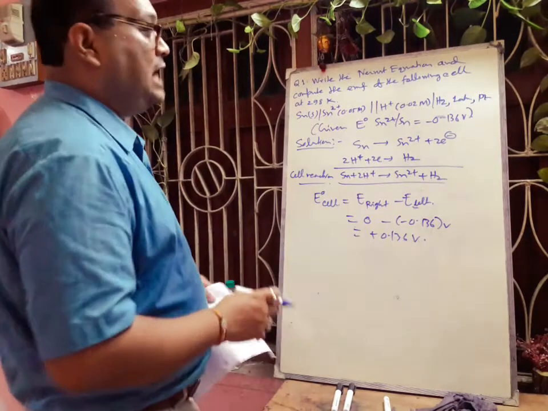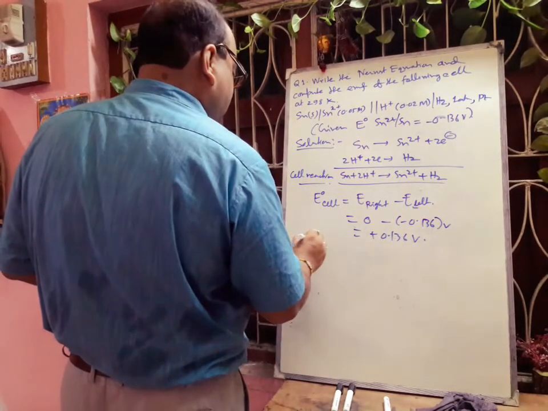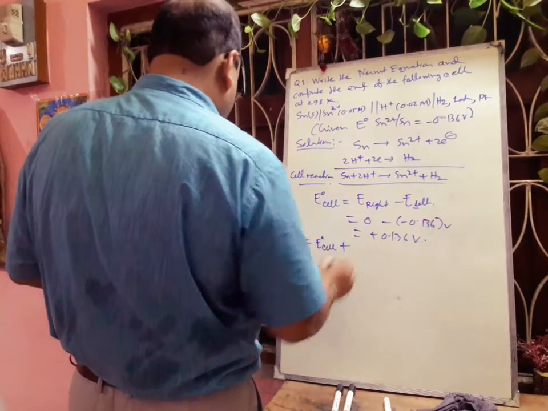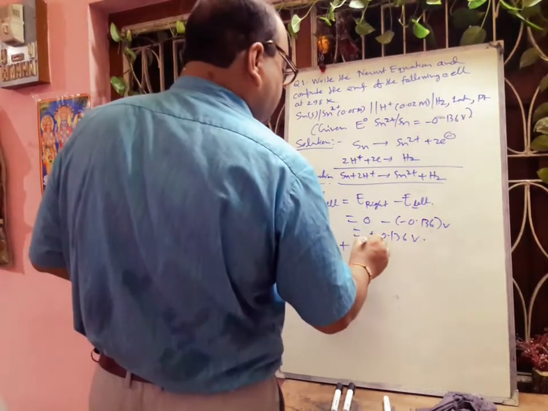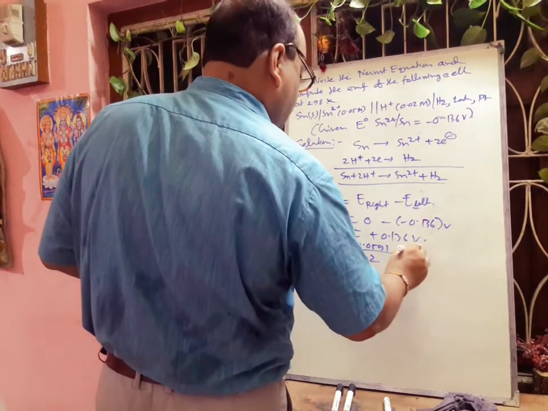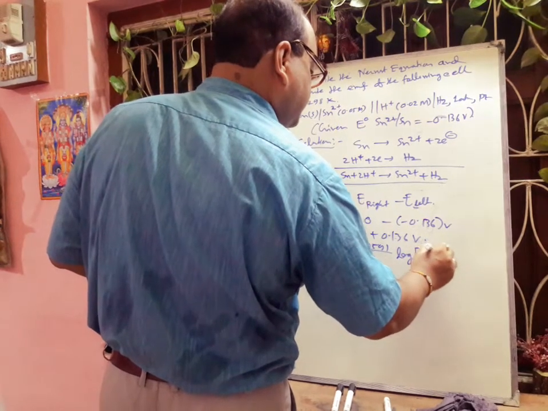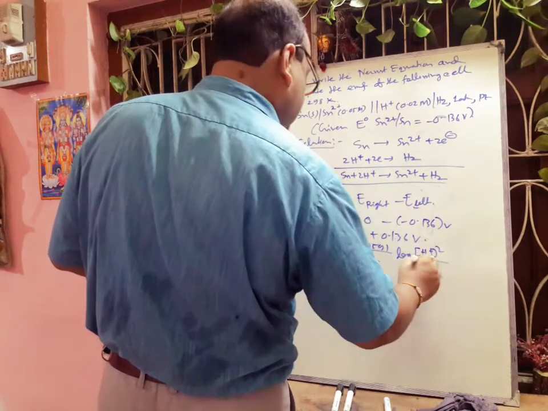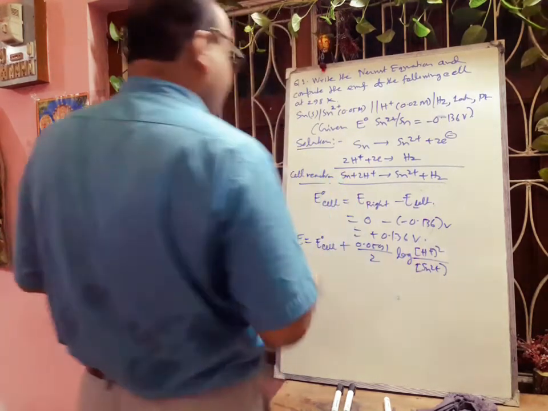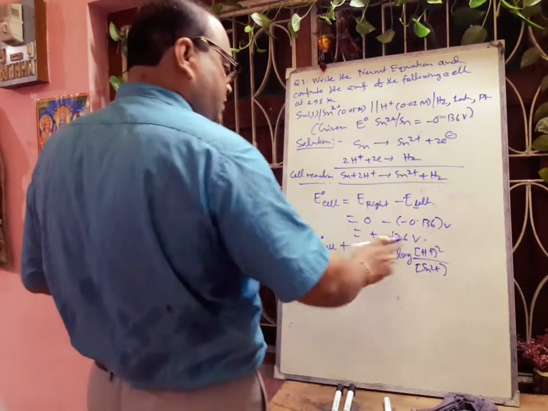Now we will write the Nernst equation. According to the Nernst equation, E is equal to E0 cell plus 0.0591 divided by 2 log of concentration of H plus squared divided by concentration of Sn2 plus. Here the concentrations are available, and we know the E0 cell value also.